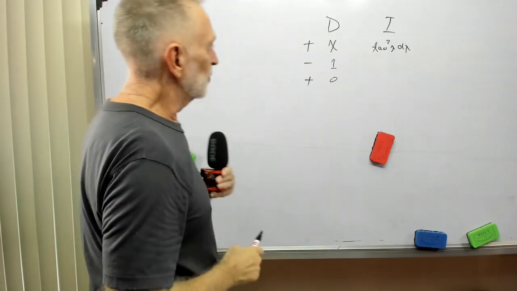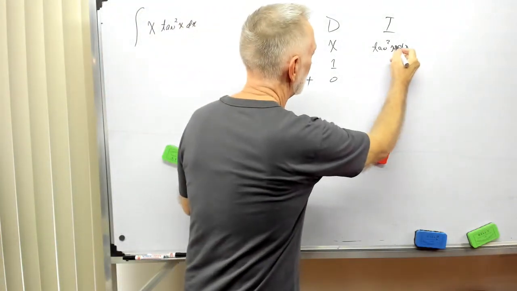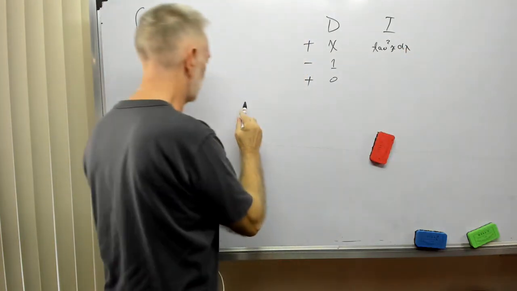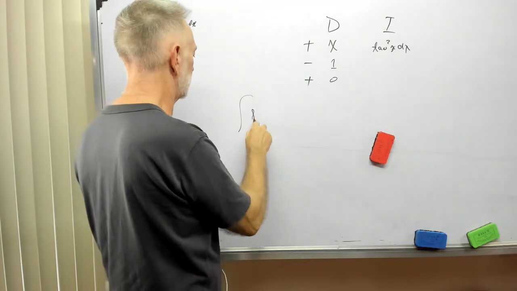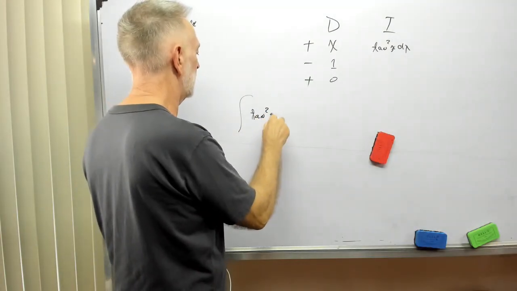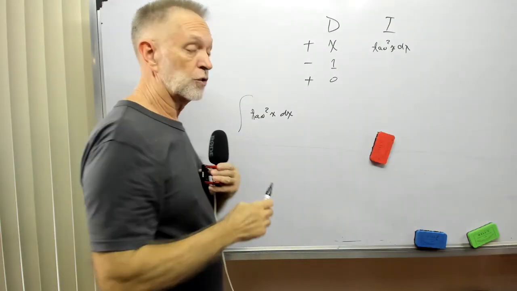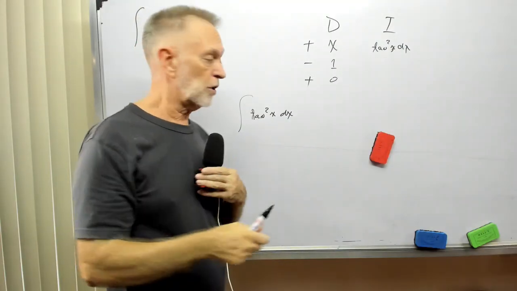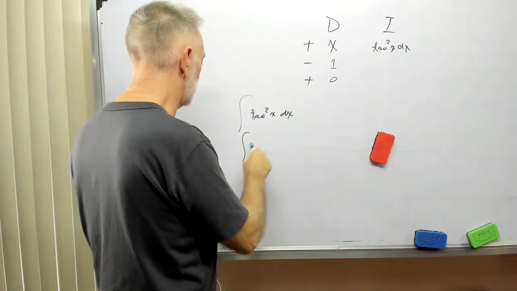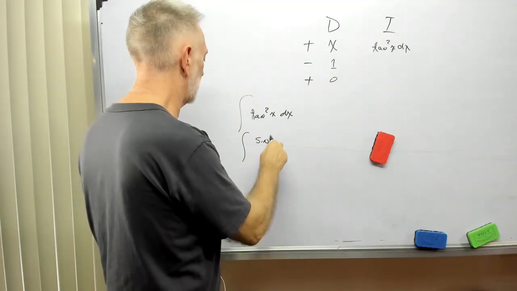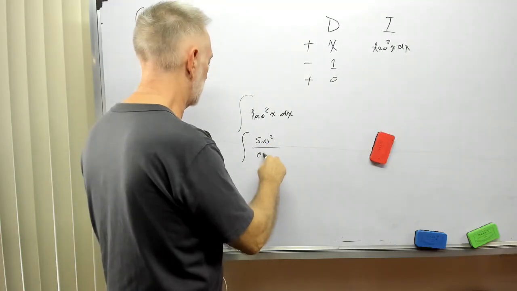So what's the integral of tangent squared x dx? Well, let's just work it here. We have the integral of tangent squared x dx. And what is tangent squared? Tangent is sine over cosine. So this becomes the integral of sine squared over cosine squared.